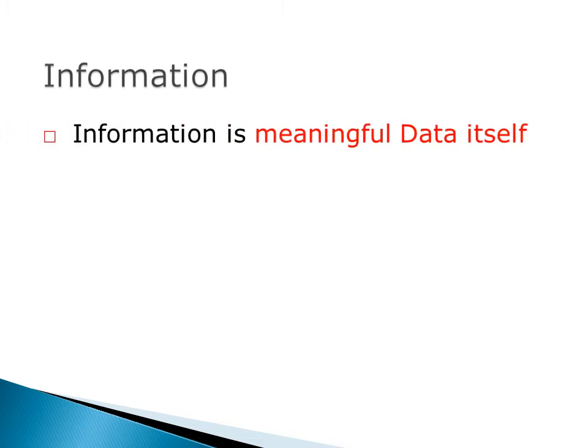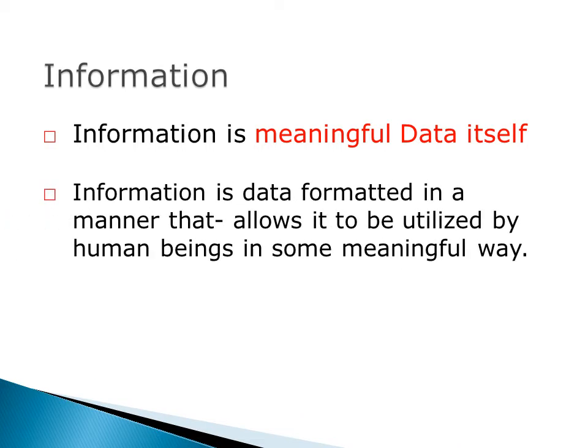The next term is information. Information means meaningful data itself. We have a bunch of data that actually represents meaning, and that is known as information.